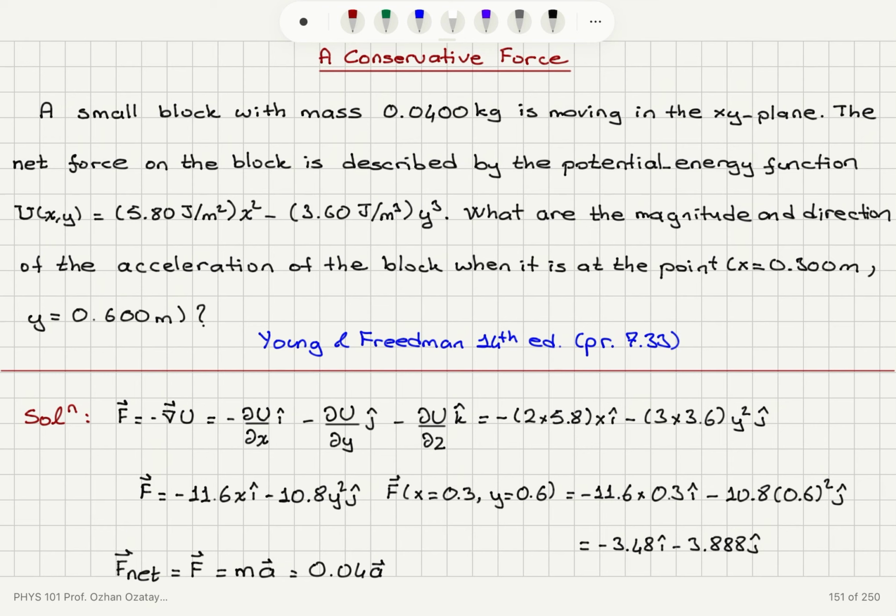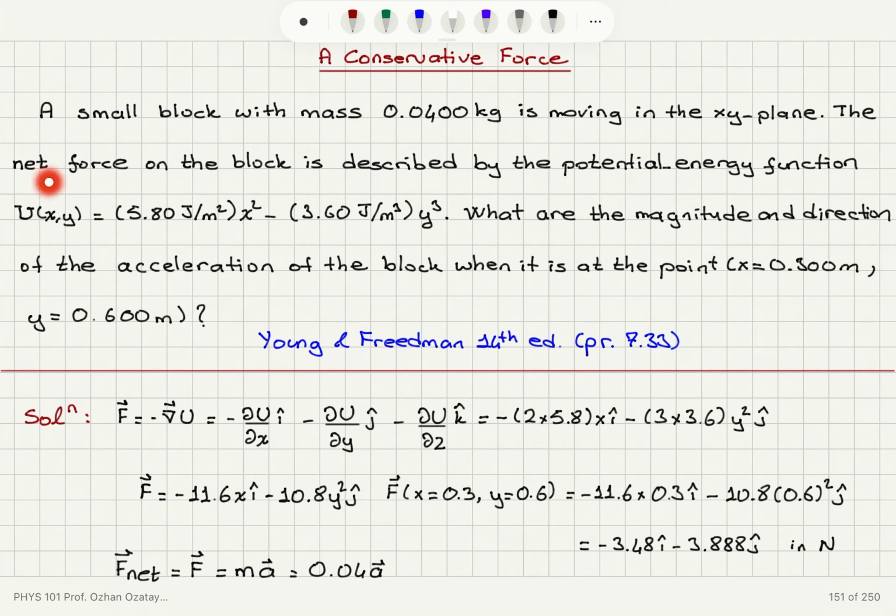We take the derivative with respect to x and the derivative with respect to y, and multiply by i hat and j hat. So this gives us the force. If we evaluate the force at x = 0.3 and y = 0.6 meters, we get the force vector at that point. This is measured in newtons. We're using SI units here.